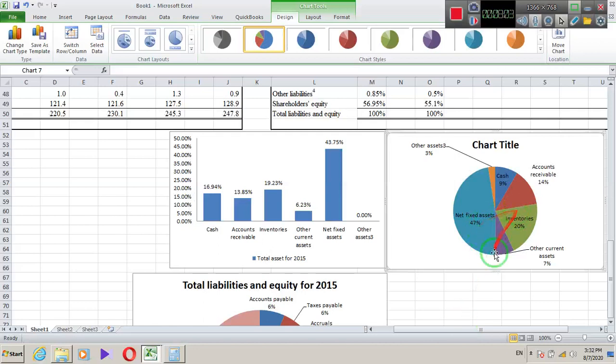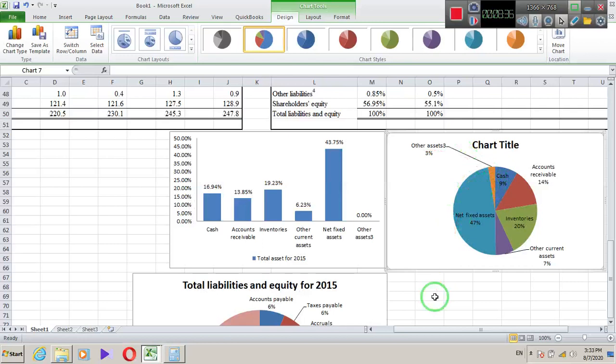In the given graph the percentage of cash in total asset is equal to 9%, and 14% of the total asset exists of account receivable. Inventory contributes 20% in total asset, while other asset contributes 7%, and 47% is the part of net fixed asset, and other asset representing 3% of the total asset.